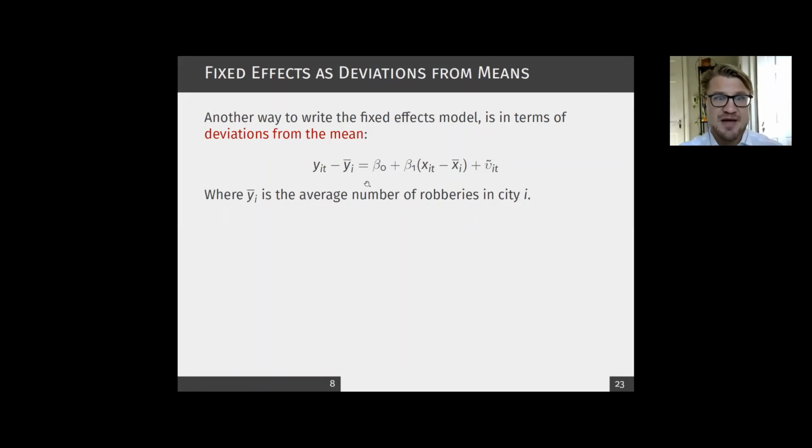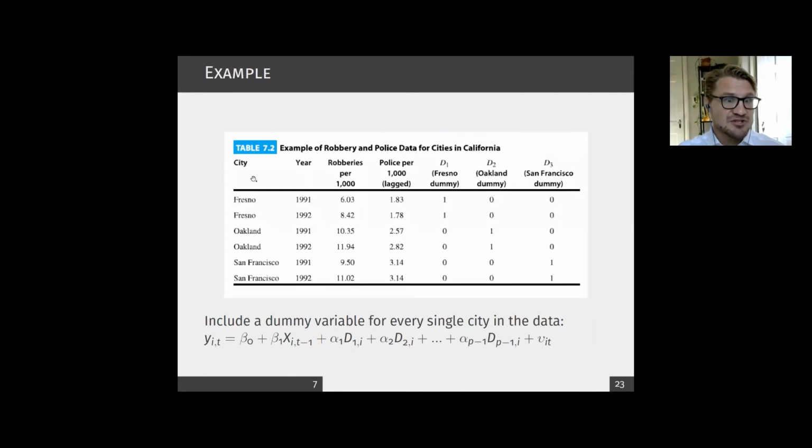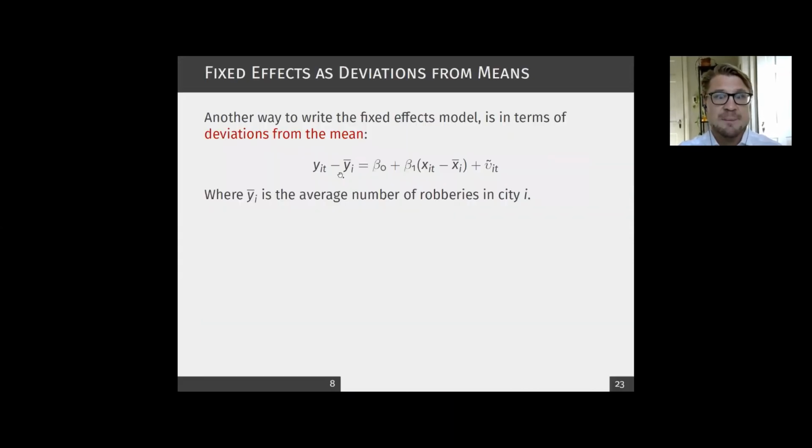We can show it mathematically, but you can also write that same equation in terms of deviations from the mean. Thinking about this on the left-hand side here, y bar I means, for an individual city I, the average crime rate. So here, for example, for the individual city Fresno, the average number of robberies is just the average of these 2 values, more or less 7.25.